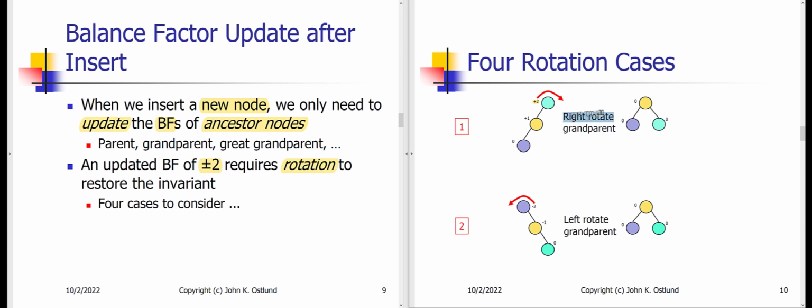We do a right rotation on the grandparent node. And remember that any rotation has the effect of pulling down the node that you're doing the rotation on. So in the case of a right rotation of the grandparent, you can imagine grabbing that node like a faucet and turning it to the right, and that will pull that node down below its left child.